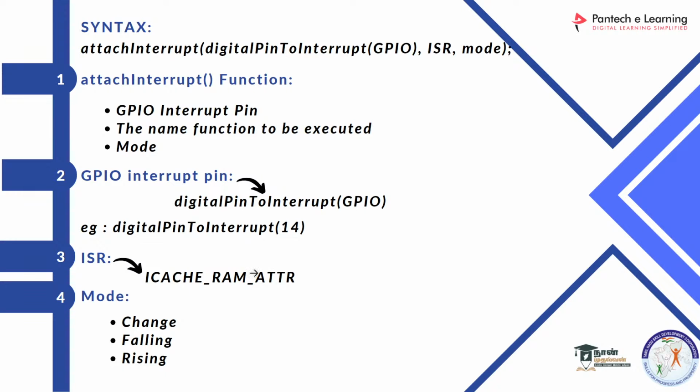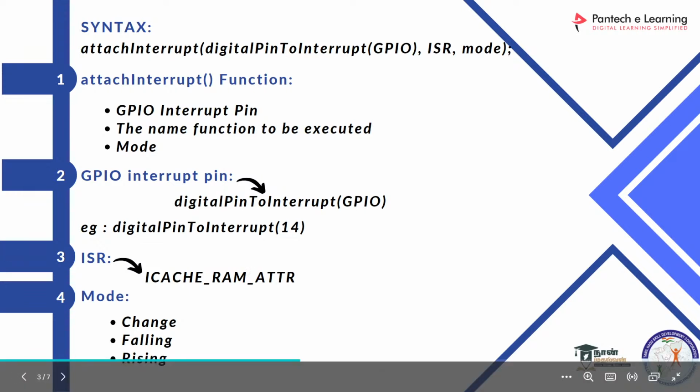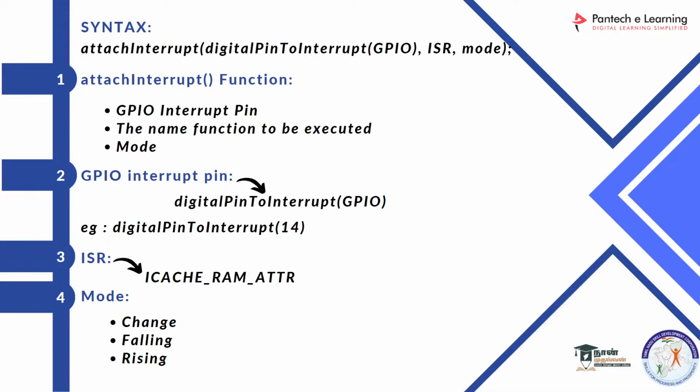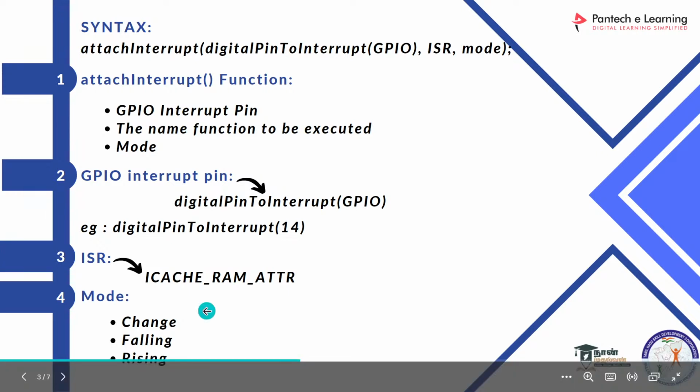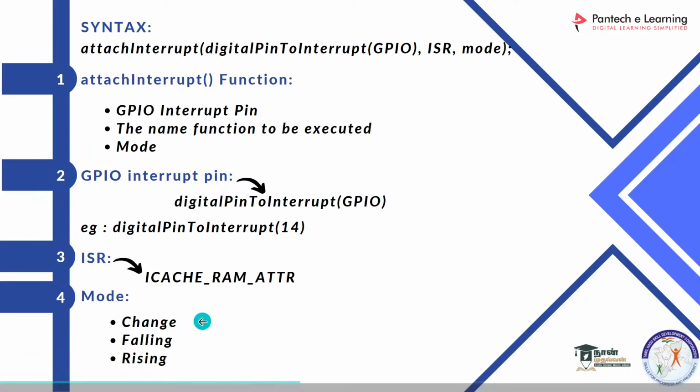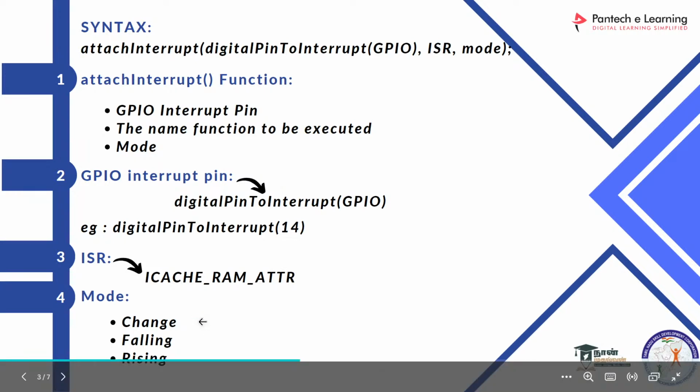And then coming to mode, the third argument is the mode, and there are three different modes. One is change, one is falling, and another one is rising. Change triggers the interrupt whenever the pin changes value, for example from high to low or low to high. Falling is for when the pin goes from high to low.